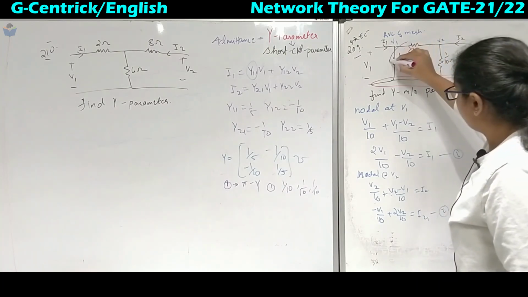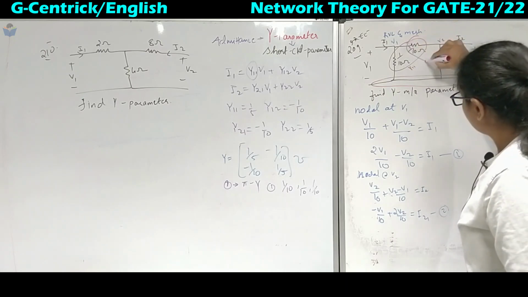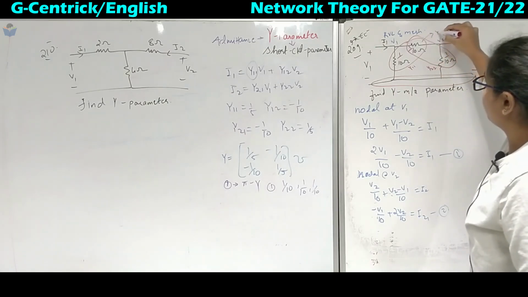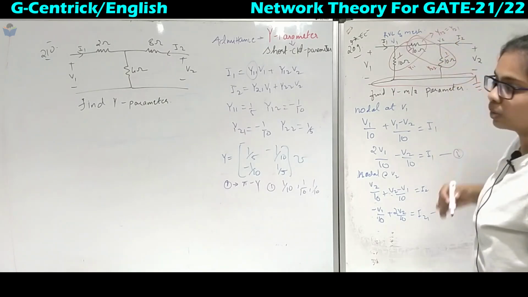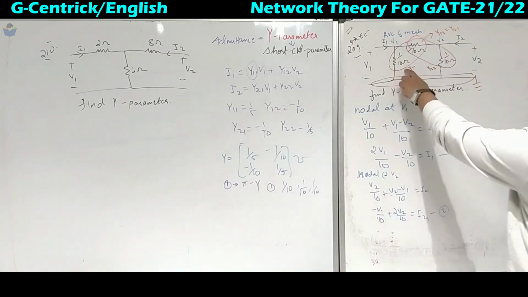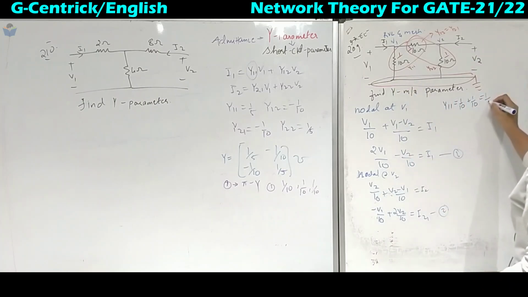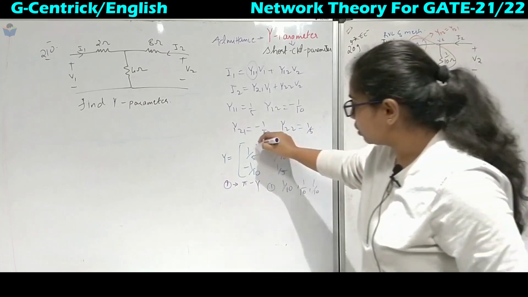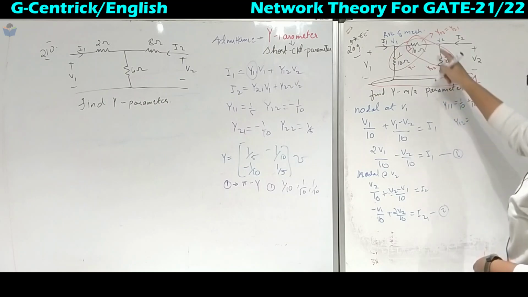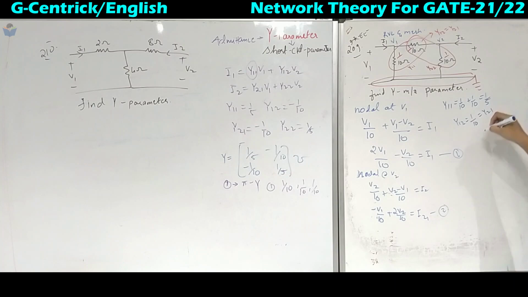Now this parameter is Y11, this plus this parameter is Y22, and this parameter is Y12 equal to Y21. Now see here, Y11: 1 by 10 plus 1 by 10, I will get 1 over 5. Coming to Y12, it is 1 over 10, directly I will get it, which is also equal to Y21.